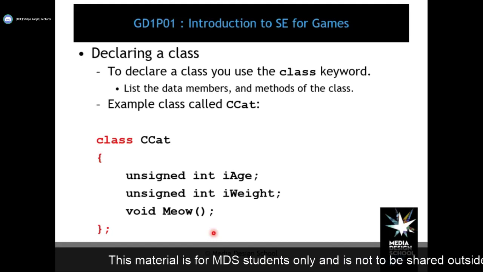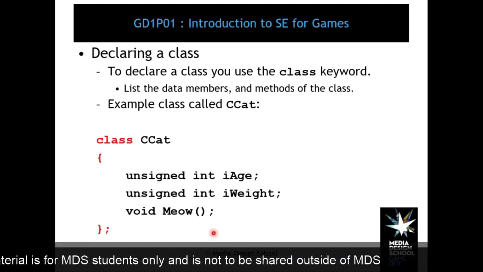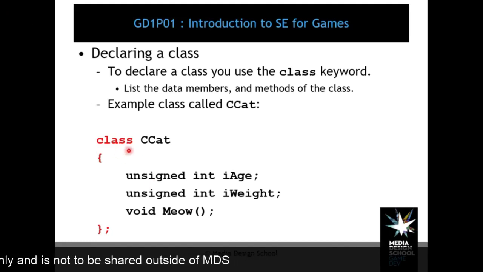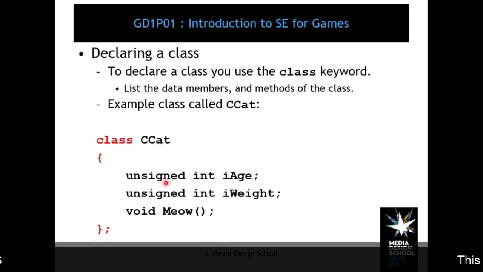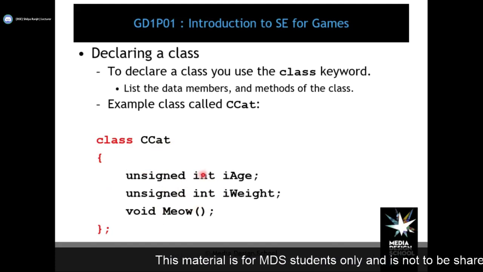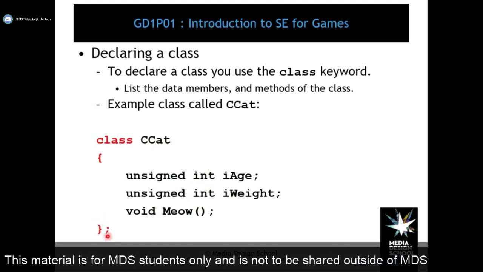Okay. So let's get into how we declare a class. A class is declared simply by giving the class keyword. You give the class keyword and a meaningful name for your class, followed by curly brackets. Within the curly brackets, you define all the data members and the methods of the class, and you end it with a semicolon.